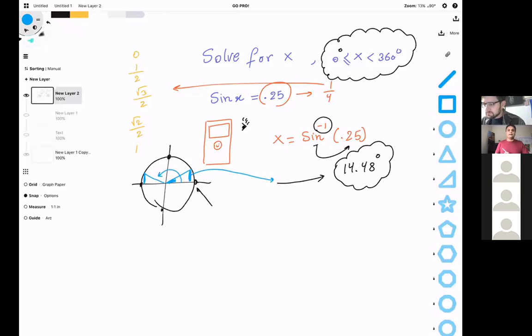How do we find that? This one will be 180 degrees minus 14.48 degrees. So we subtract from 180 for the sine.